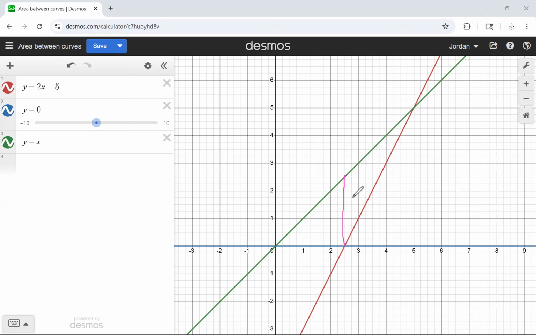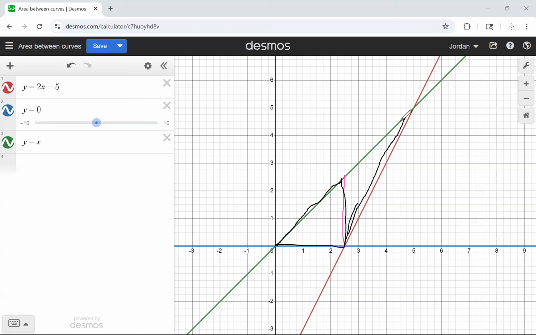However, on the other side of x equals 2.5, the top part of this region is y equals x, and the bottom part of the region is y equals 2x minus 5. So that means that I'm going to have to split this region up into two areas if I want to figure out the total area of the region.